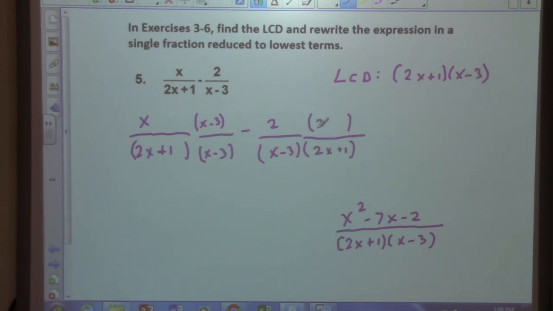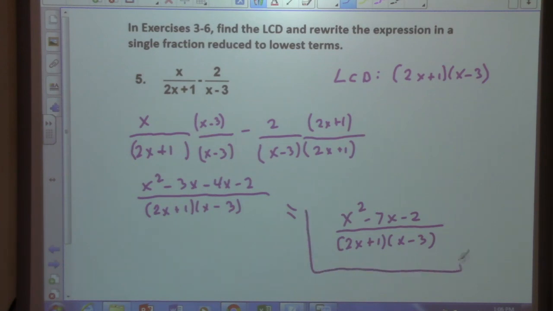So now you got x squared minus 3x minus 4x minus 2 over... and so that's how you got that, right, Emma? Okay, good. That's some good work there.